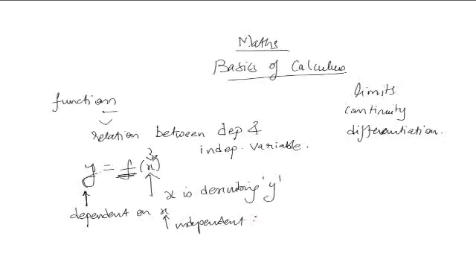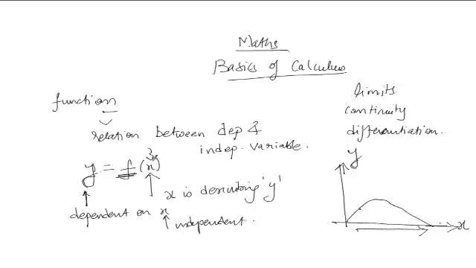Say for example, let me take a function. Say x is here, y is here. X can take any value. Let me take a function like this. Here x can take any value, but y cannot take any value.